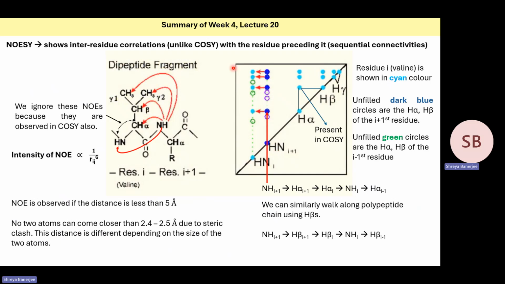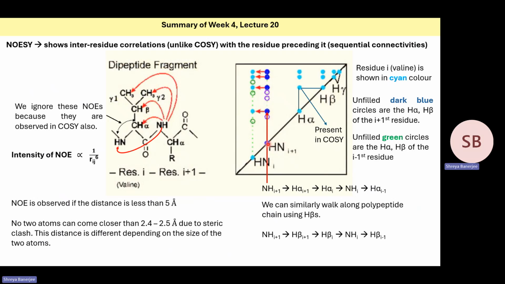Now we will only focus on the light blue and dark blue filled circles. We will not look at the unfilled circles right now. The hollow dark blue circles are the I plus first residue, and the hollow green circles are the I minus first residue.